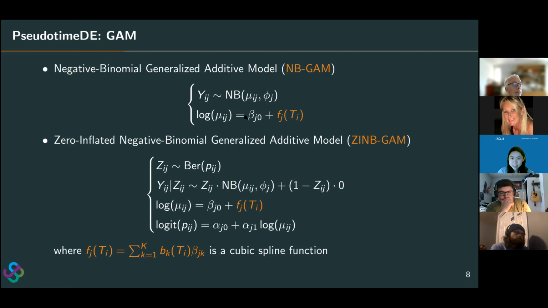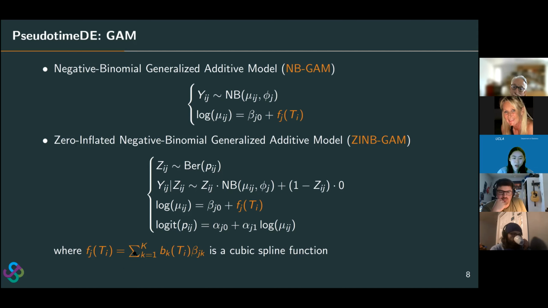This is what we call the additive model, because this function, a nonlinear function of the pseudotime Ti, is written as a summation of cubic bases. In statistics this is called a cubic spline function. Each Bk is a basis function, nonlinear, and we consider Fj to be just a summation of those nonlinear basis functions with coefficients beta jk for the kth basis.